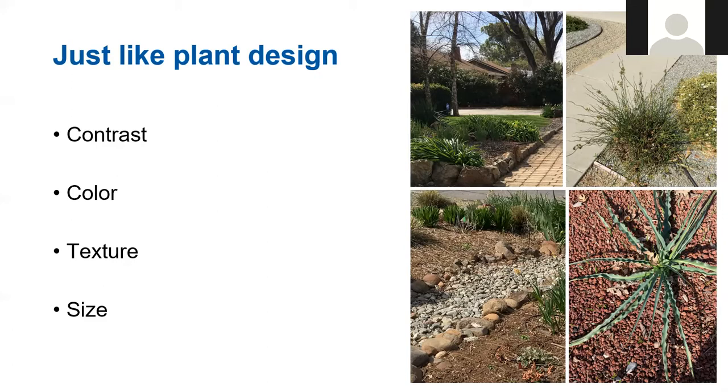One picture has a concrete sidewalk, but beside it, it has small gravelly rocks. The picture on the bottom left shows contrast between your brown organic mulch, your bigger boulders, your gray contrasting color creek bed, and small red lava rock, lastly. Next, please.